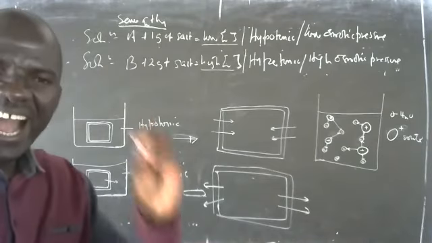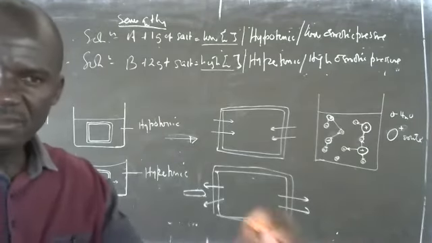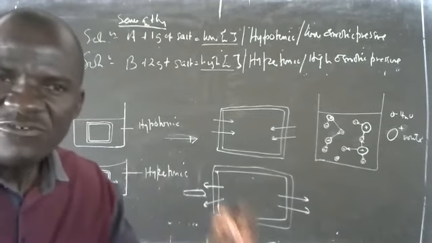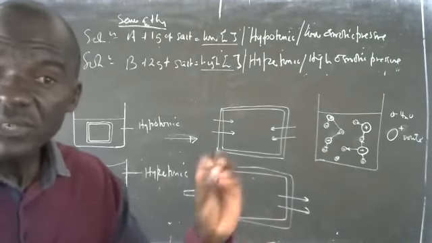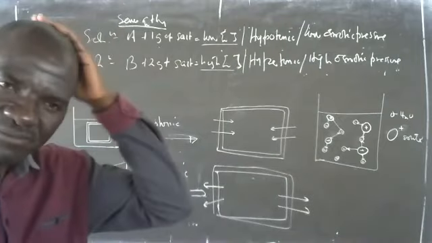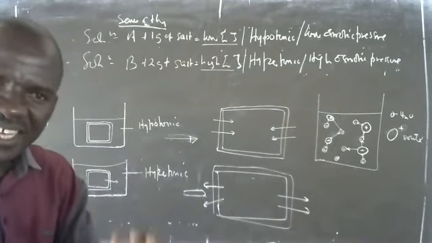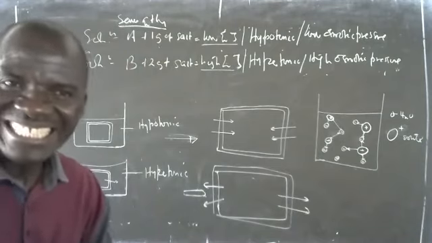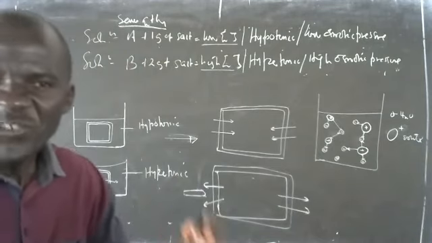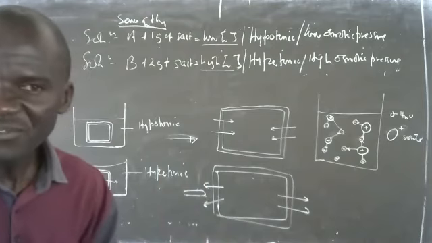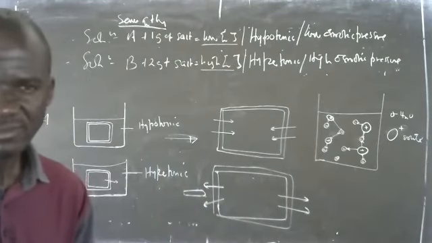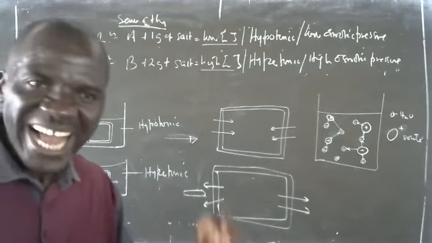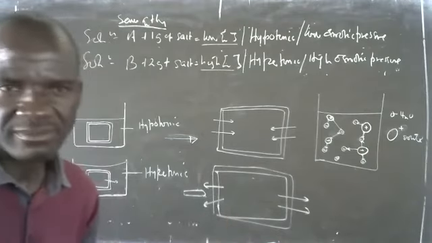So when I say high water potential, it means that solution has so many free water molecules which can move. When I say the other one has a low water potential, it means it has few water molecules which are free to move.